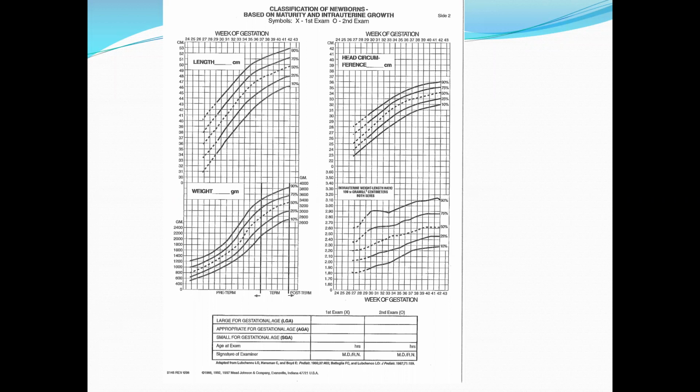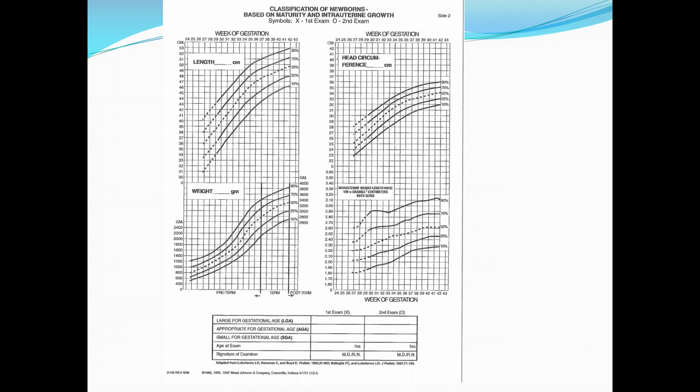Another thing we look at is how tall the newborn is. So for length, this baby was 31 centimeters. Below the lowest black line is considered small for gestational age. Above the boldest black line is considered large for gestational age.